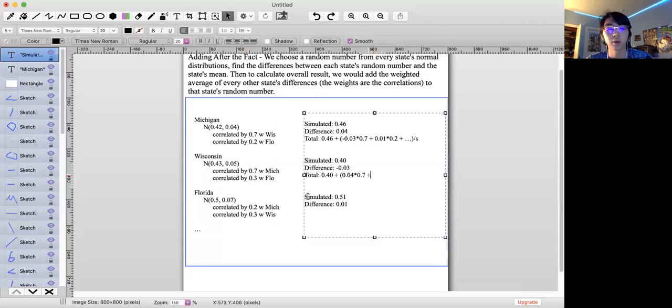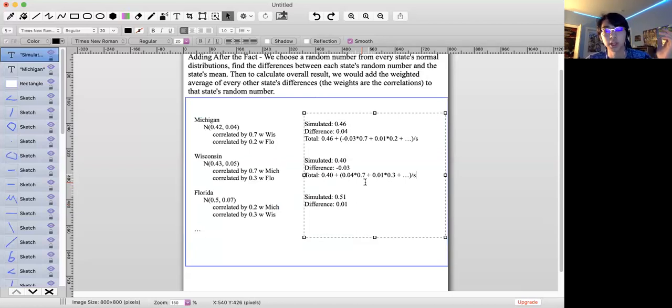Then add Florida's difference, which is 0.01, multiplied by Wisconsin's correlation with Florida, which is 0.3. Then I do the same thing for all other states, adding together their differences multiplied by that state's correlation to Wisconsin, and then divide by the sum of all the correlations to Wisconsin to get our weighted average.